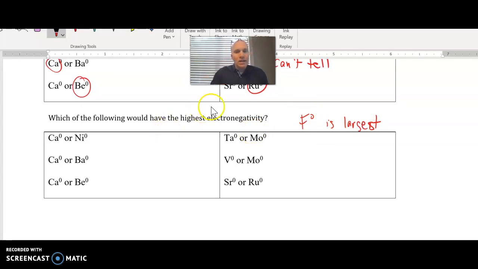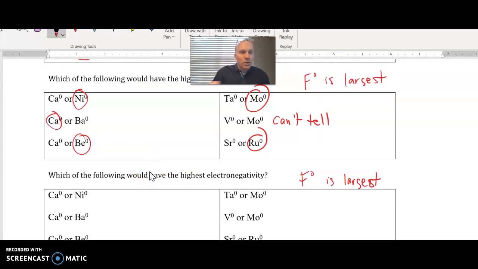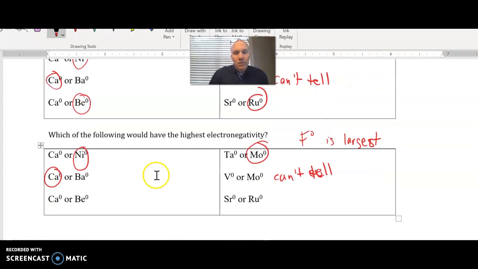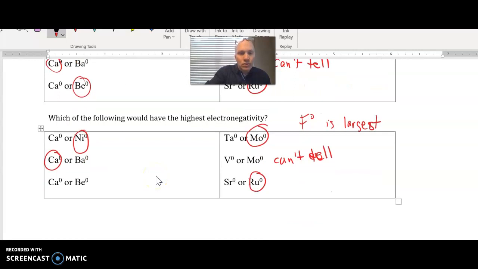And so again, these are the same comparisons as the set before, so we can make the same conclusions because in both cases, fluorine is the largest example. All right, this would be can't tell. And between these two, and all right.